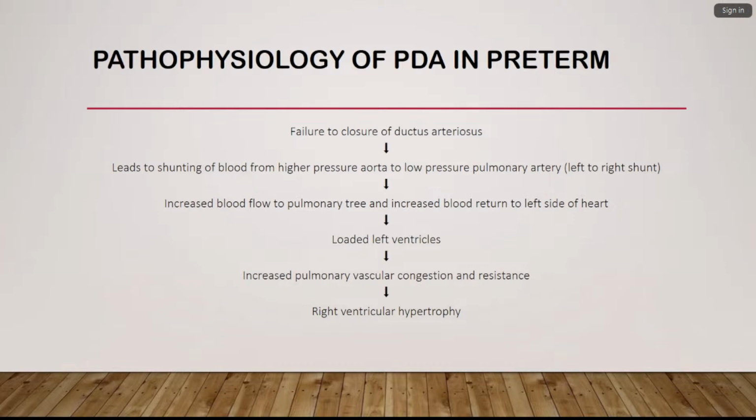That causes increased blood flow to the pulmonary artery and increased blood return to the left side of the heart, which causes a loaded left ventricle, leads to increased pulmonary vascular congestion and resistance, which further leads to right ventricular hypertrophy. So there is basically pulmonary overcirculation and systemic hypoperfusion.